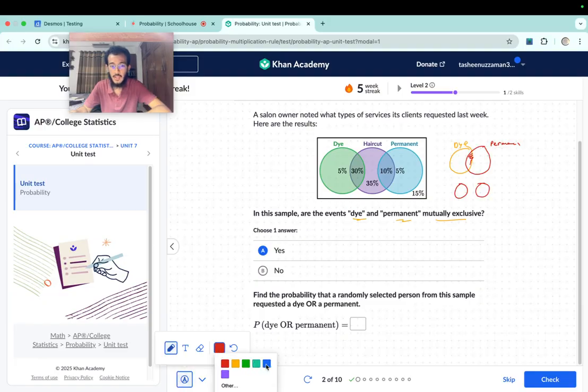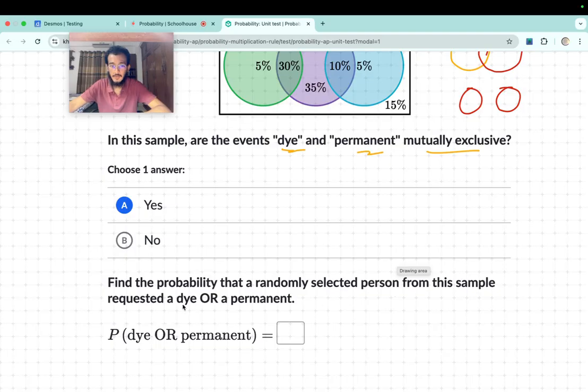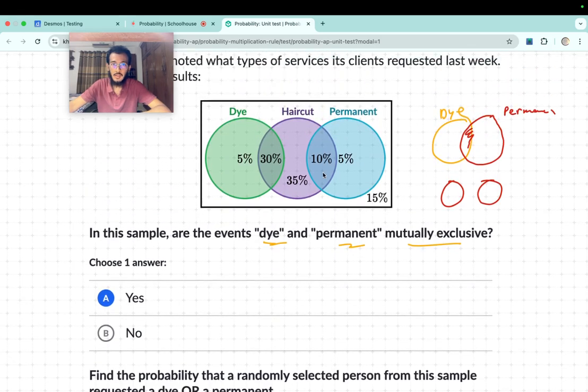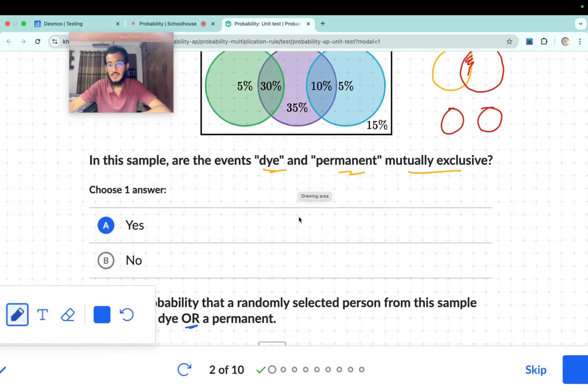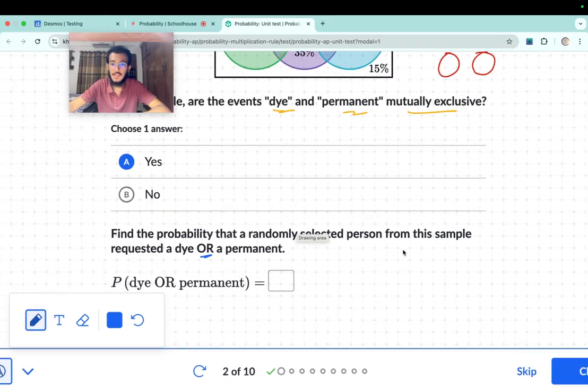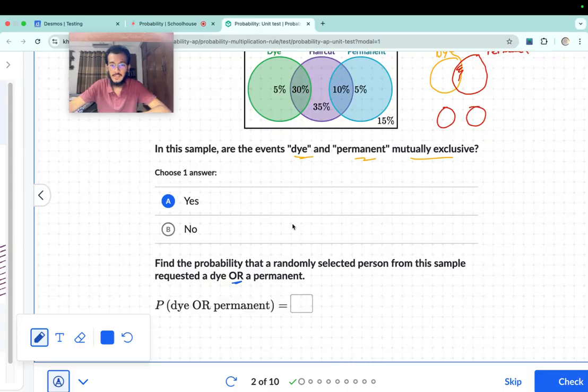Then we are finding the probability that a randomly selected person from the sample requested a dye or a permanent. The total is 100%, and they have given us the numbers in percentages, so some work is already done and it's easy for us to find. We just have to remove the percentage sign, and that is our probability.